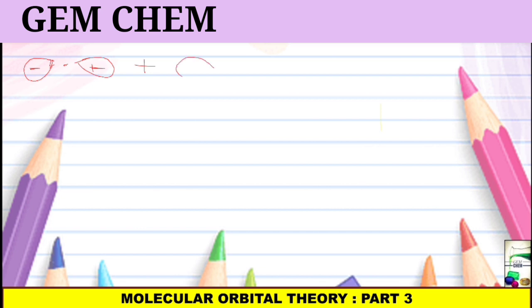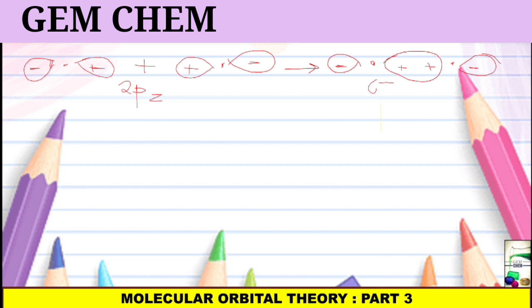Similarly, we are doing the in phase combination. This will have positive, another will have negative. This we are seeing for 2pz. Now this will combine to form a toffee like structure. This will be a bigger one and this will be like this. So this will be our negative, this will be our positive, and this will be our negative. So this is sigma b 2pz.